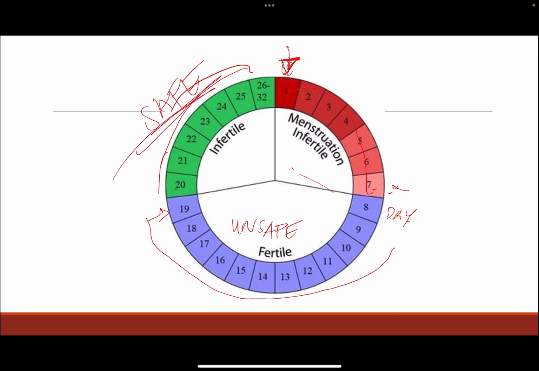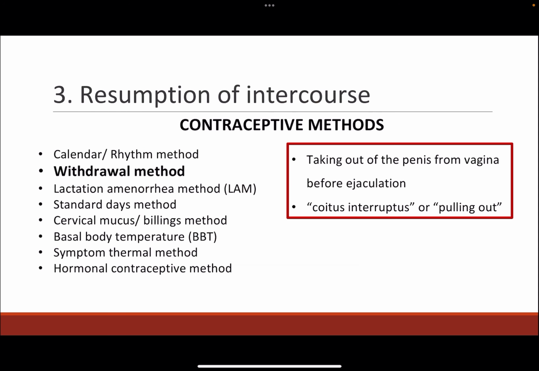So here kayo having your intercourse. The withdrawal method is taking the penis out of the vagina before ejaculation. So it is coitus interruptus or pulling out.